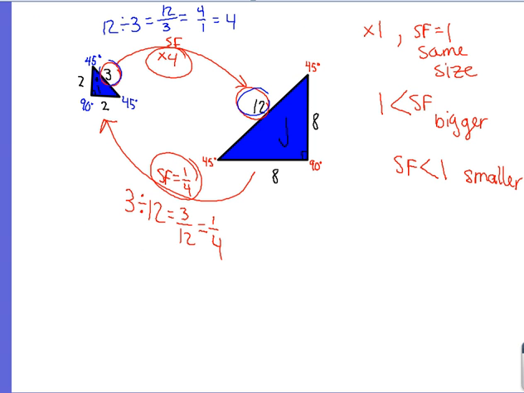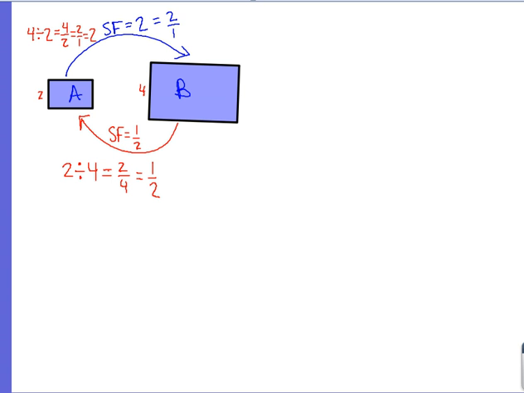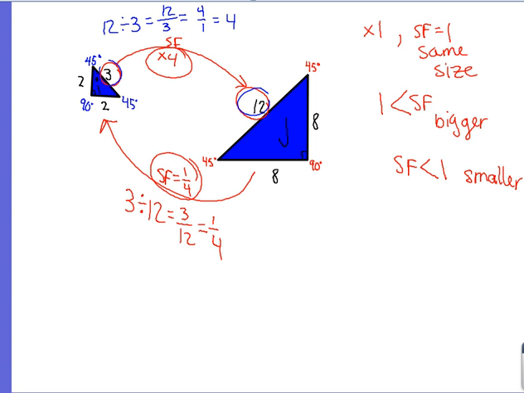Now, many of the students have noticed a pattern with the scale factors that helps make this process a little bit faster. If we go back to the rectangles, I see that one of my scale factors could be written as 2/1, and my other scale factor was 1/2. Go to my next slide, I can see that one of my scale factors was 4/1 or 4, and my other scale factor was 1/4.